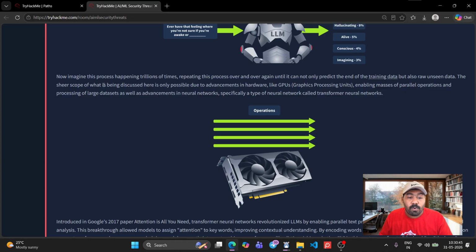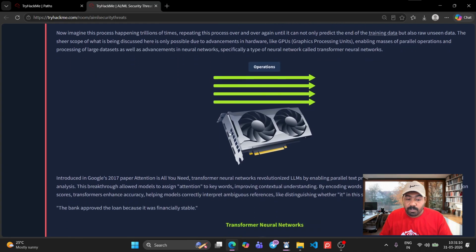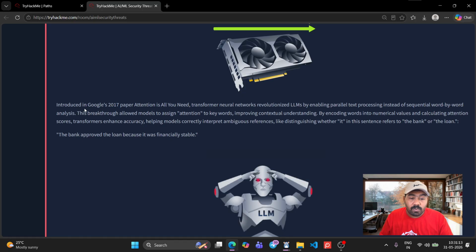The sheer scope of what is being discussed here is only possible due to advancements in hardware like GPUs, processing units that enable masses of parallel operations and processing of large datasets, as well as advancement in neural networks, specifically a type of neural network called the transformer neural network. So this is the GPU. It was introduced in Google's 2017 paper, Attention Is All You Need.